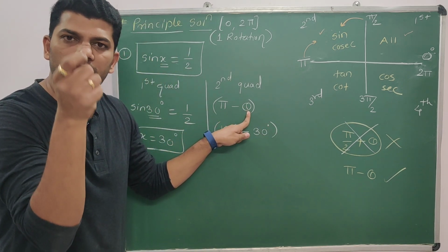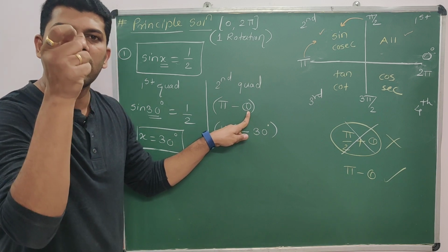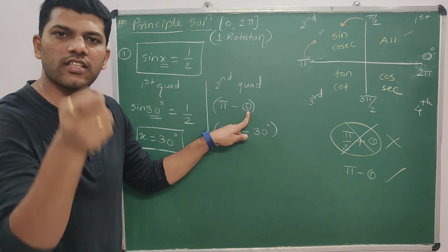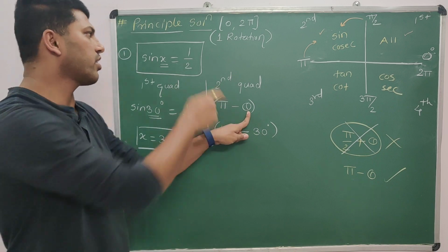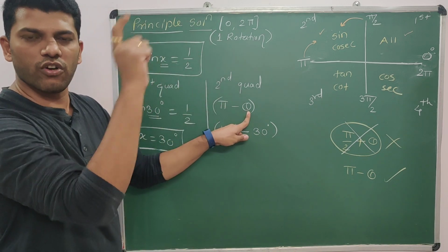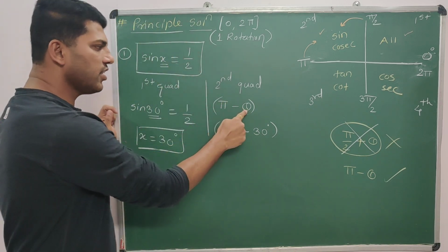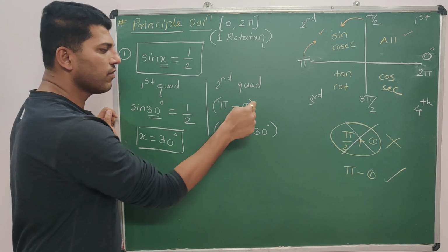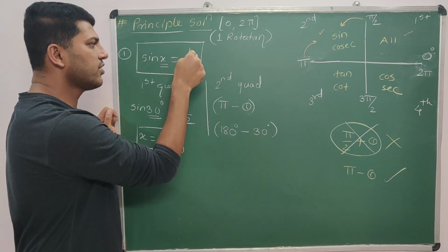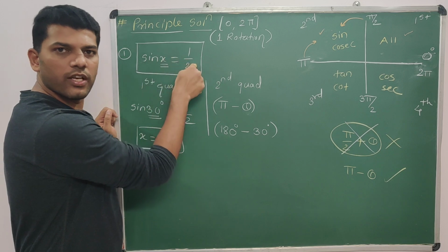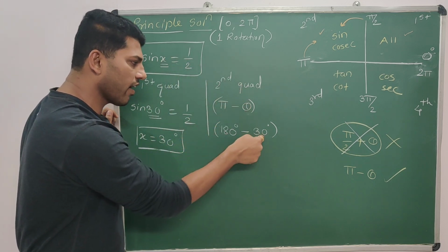So in simple words, I usually say theta is the fundamental angle or basic angle from the first quadrant for that value, irrespective of positive or negative. So this is the angle from the first quadrant for this value. So sine 30 is 1 by 2 means that basic angle is 30.